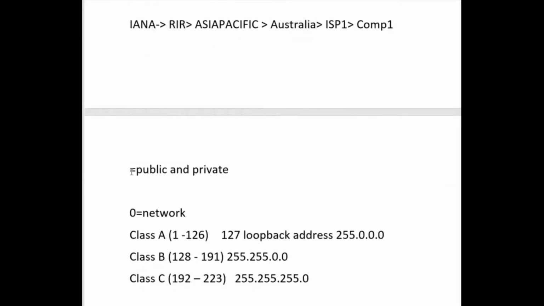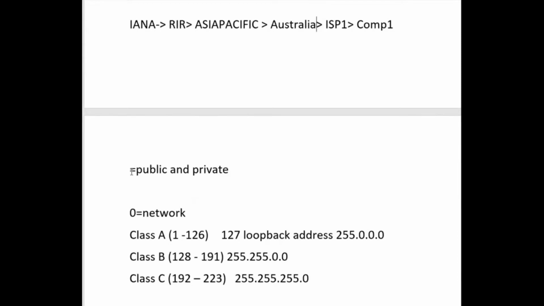For IP addresses, we have public IP and private IP. Public IP means the IP address used for routing purposes. They are unique all over the world. For example, our mobile phone has a public address. Private addresses we use internally in organizations.